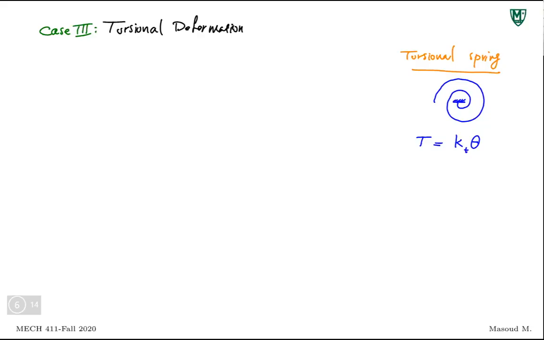So now you have torque instead of force, and angular deformation instead of linear deformation, and this is in radians now instead of meters. Torque in this case would be Newton meters. You can find the unit for KT.